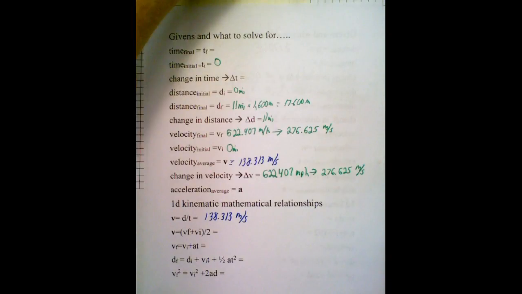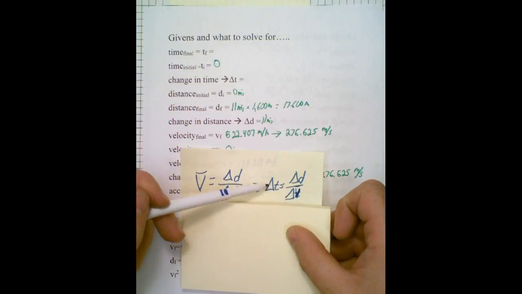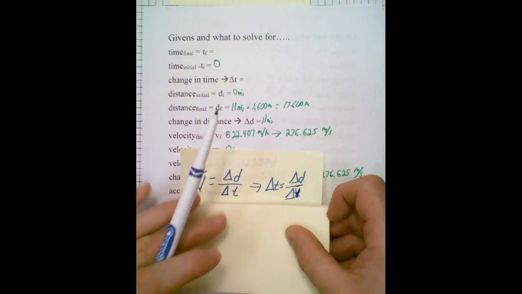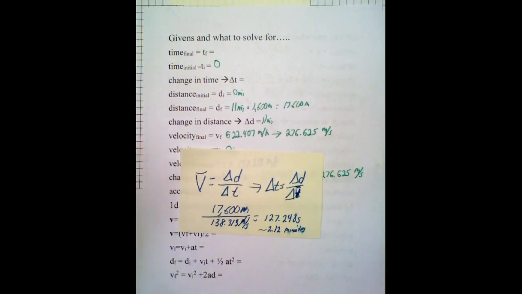Well, start off with our friend, the formula, average velocity equals delta d over delta t. This gives me delta t is delta d over average velocity. Shove in a couple of numbers, 17,600 meters for the distance, and 138.313 meters per second, do some canceling of meters, and I got 127.248 seconds, or about 2.21 minutes.